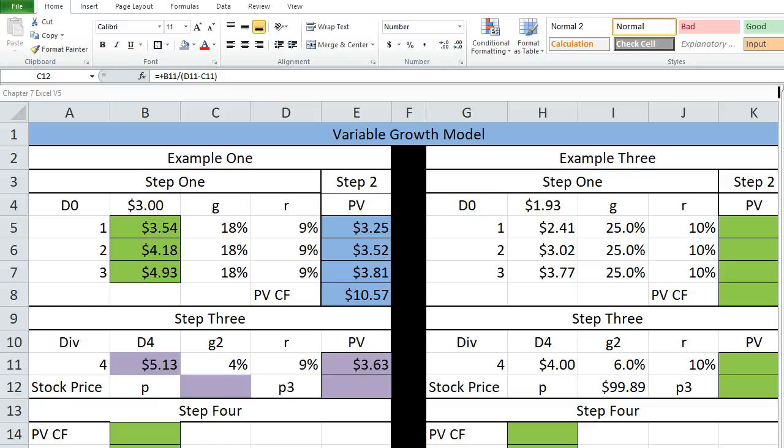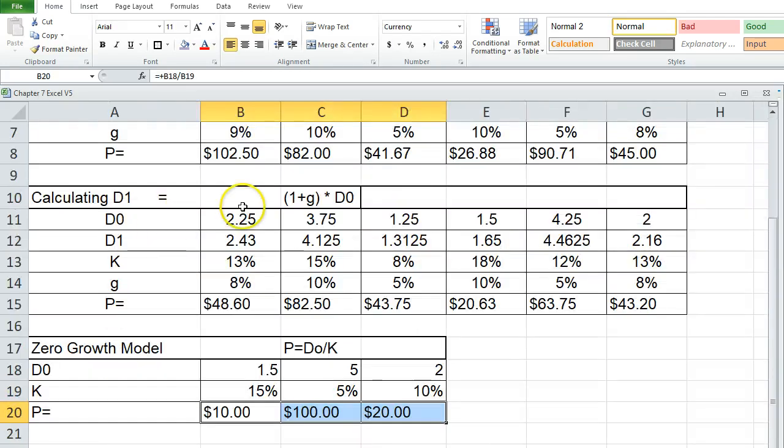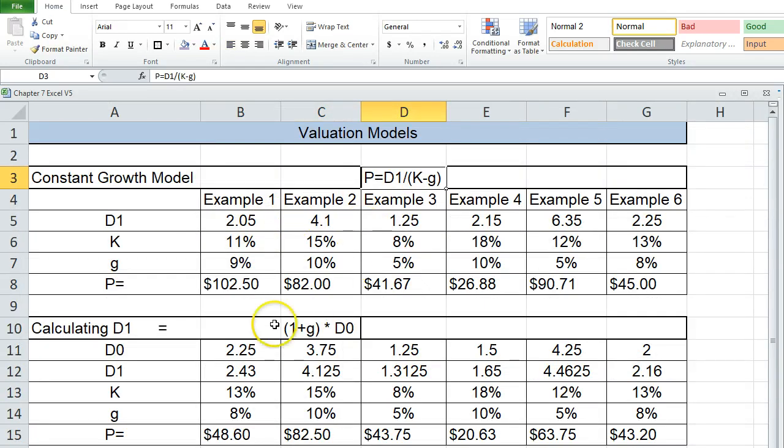So I'm going to take B11, the dividend, and divide it by D11, which is the required rate of return, minus C11, which is the growth rate. So again, if we look back over here, these are the valuation models that we're working with.